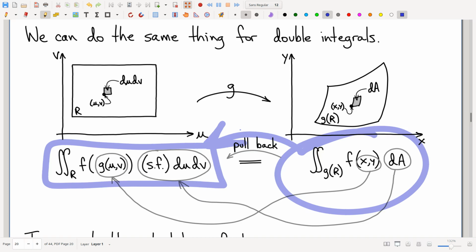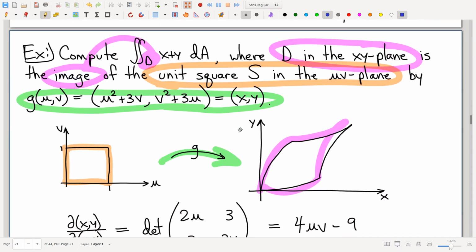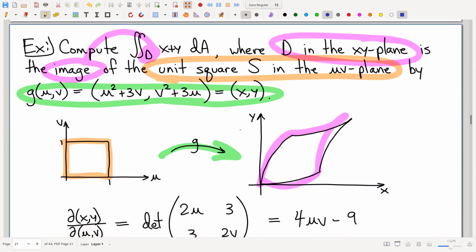So I'm going to need to know, my domain is the image of something by way of what function? I am also going to need to know what my new domain is, my pullback domain. I'm going to need to know what domain over here in the UV plane is it whose image gives me that domain that I started with. And that is what is very convenient about this as a starter example, is that those things are given.